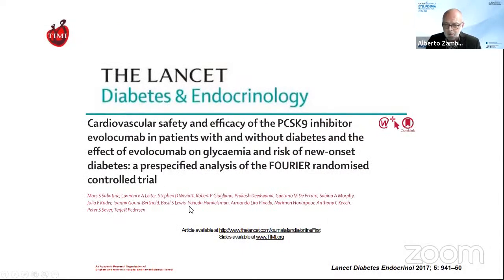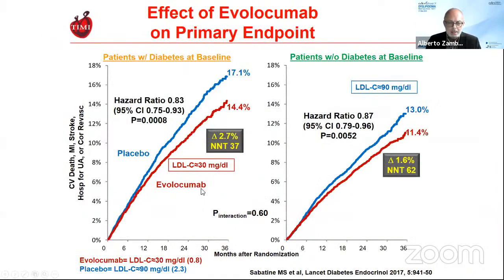Now, we're talking about patients with diabetes. The FOURIER trial had a specific publication on a group of patients with diabetes. As you can expect, those with diabetes had a higher event rate. I'm focusing the attention on the left-hand side panel. The right-hand side are those in FOURIER without diabetes. FOURIER studied people at very high risk with cardiovascular events or peripheral artery disease.